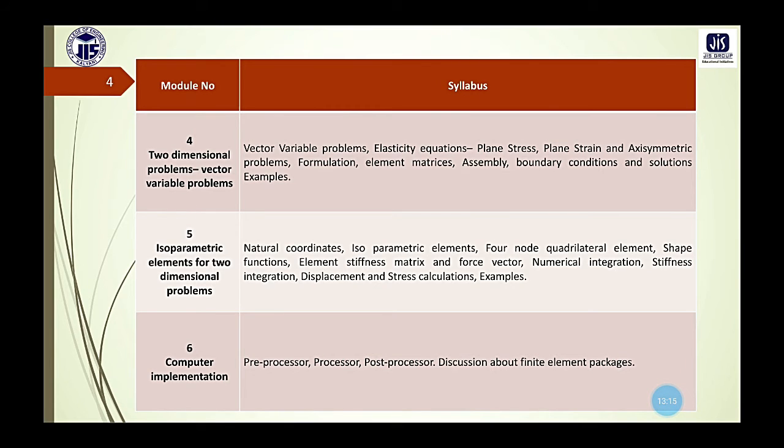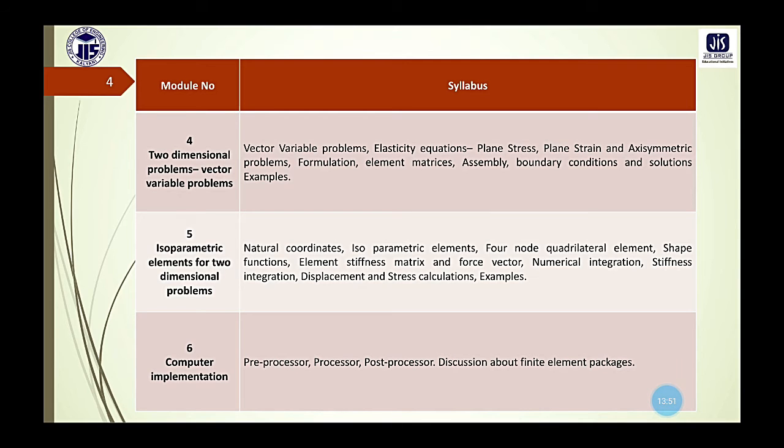Next, in the fifth module, we are having the isoparametric elements for two-dimensional problems. In this fifth module, we will study the natural coordinates, isoparametric elements, then the 4-node quadrilateral element, then shape functions, element stiffness matrix and force vector, then numerical integration, stiffness integration, displacement and stress calculations, some more examples.